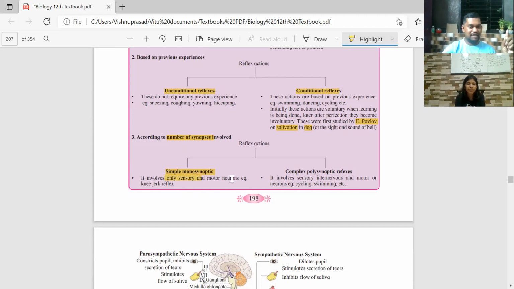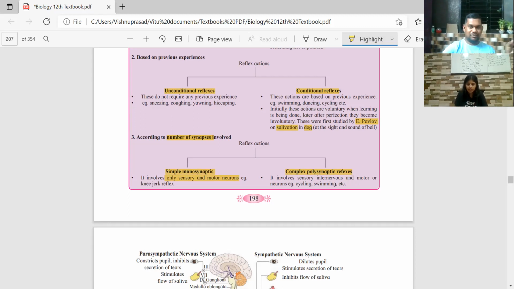Only sensory and motor neurons. दूसरा है complex polysynaptic reflexes, in which there are sensory, internuncial and motor neurons. Association neuron हमने देखा. Involved है तो we call it complex polysynaptic.